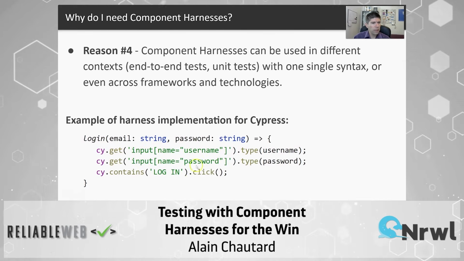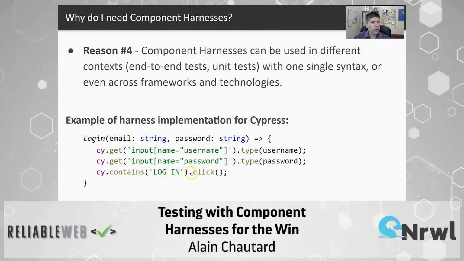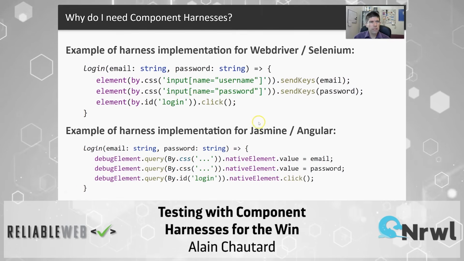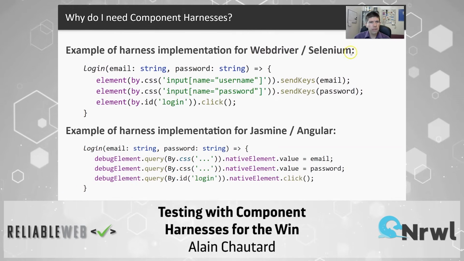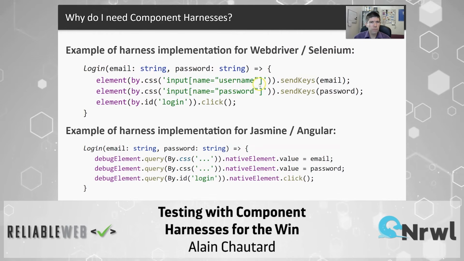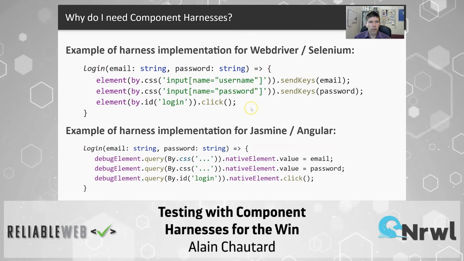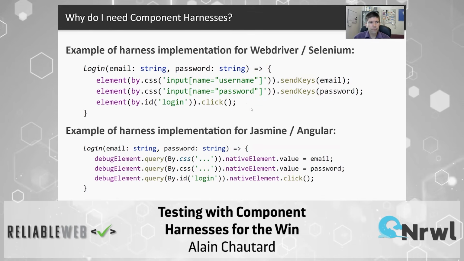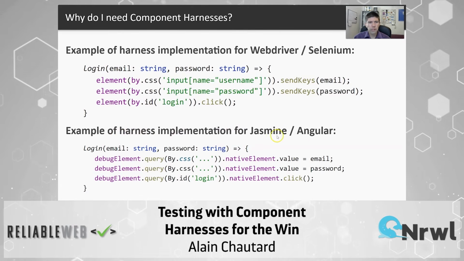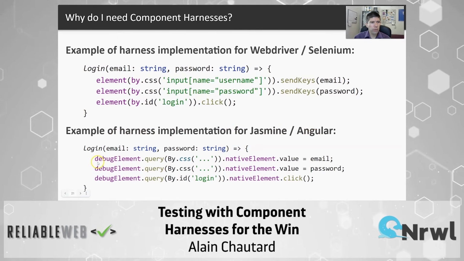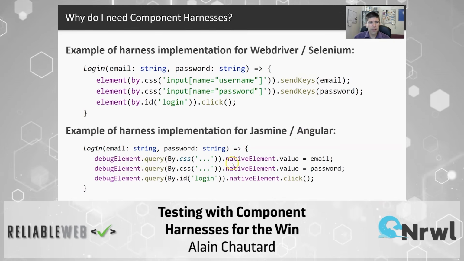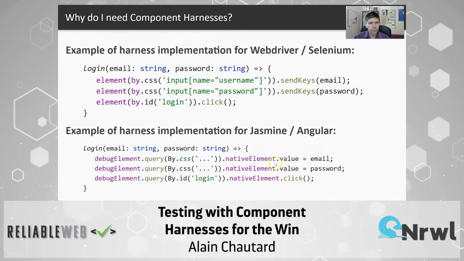We type a username, same thing for the password, and then we click a login button. Pretty straightforward. If I want a similar implementation for WebDriver in Selenium, then the syntax would be slightly different, but the selectors remain the same, and the flow of actions is going to be similar as well. And I also provide an example of using a harness for Jasmine and Angular, for instance, where we would use a DebugElement from the Angular framework, query it by CSS, and then set a native element value.